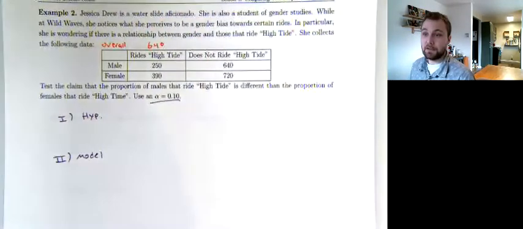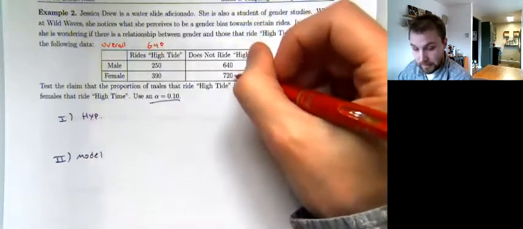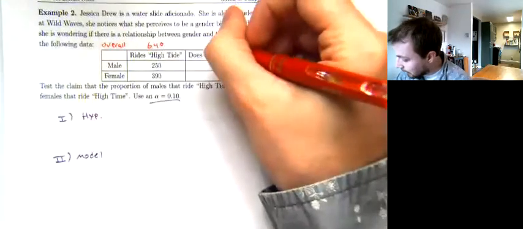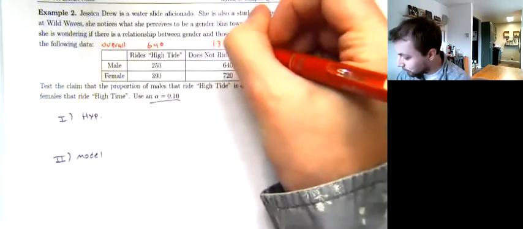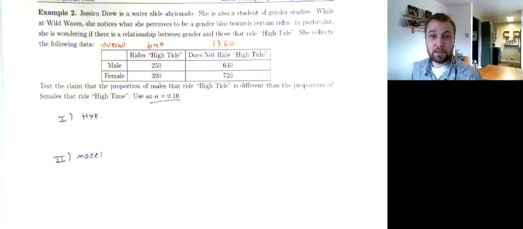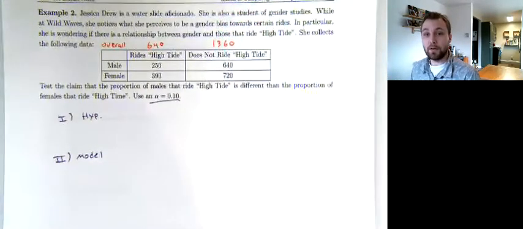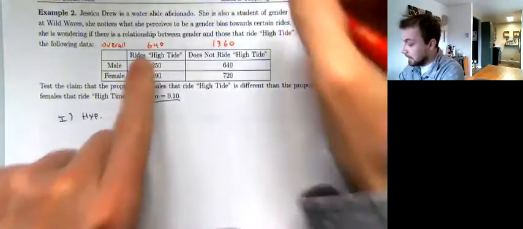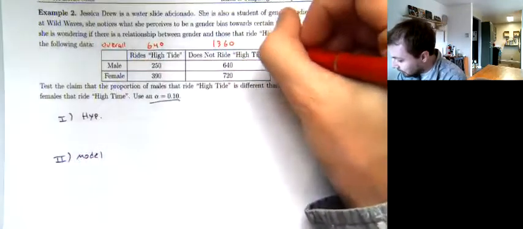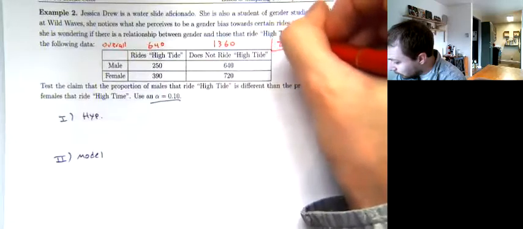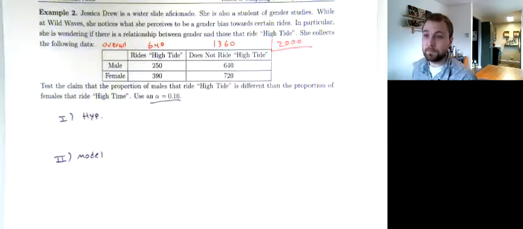So if I didn't see gender, that's my number of successes. 640 and 720, so assuming I cannot tell the difference between these two groups, 1,360 did not go on the ride. Adding these together, this is telling me that this is out of 2,000 individuals.